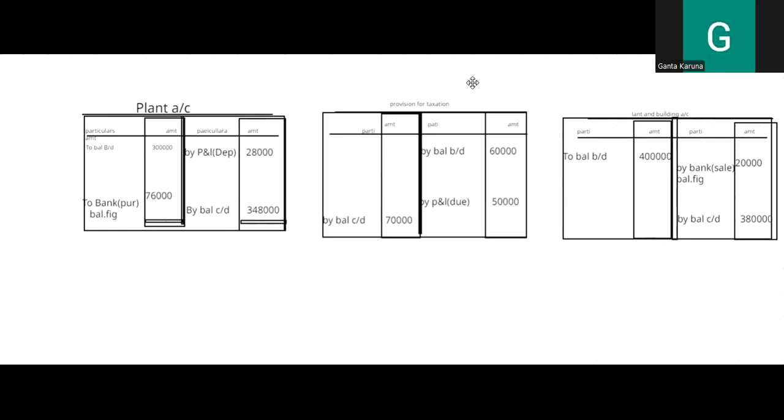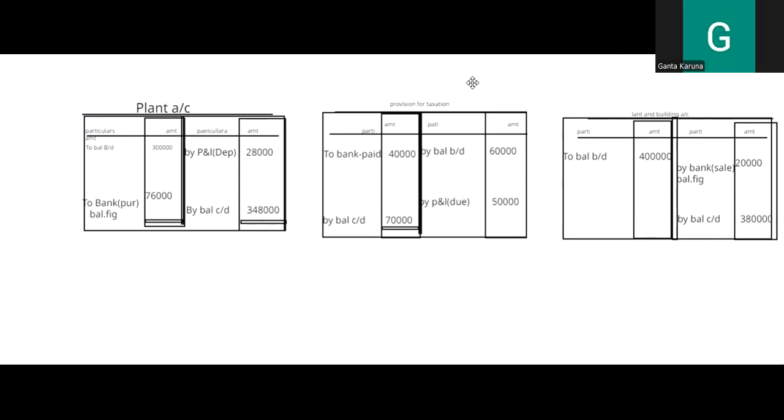So what I should assume is that it's to 8, and the amount I'm getting is 40,000. So remember, whenever you have a provision for taxation or a dividend, there are only two options. If he says made, then you will transfer it to PNL. And when he says it is paid, you're going to transfer it to the bank.